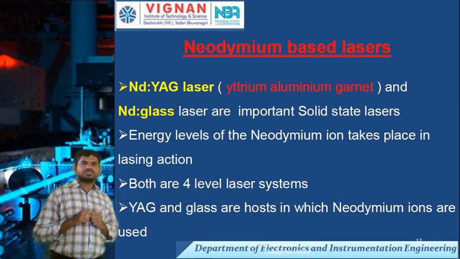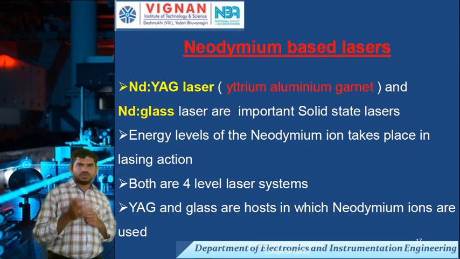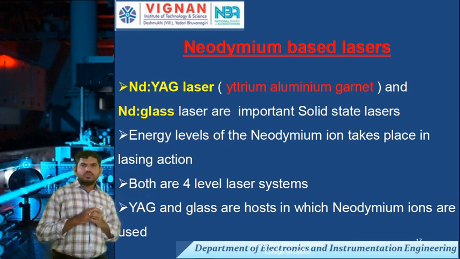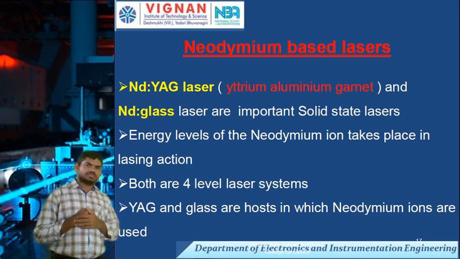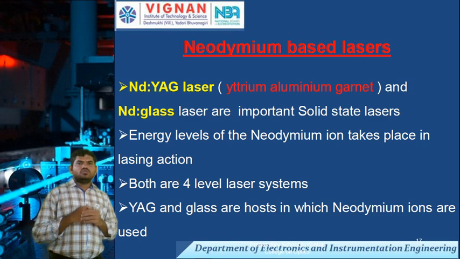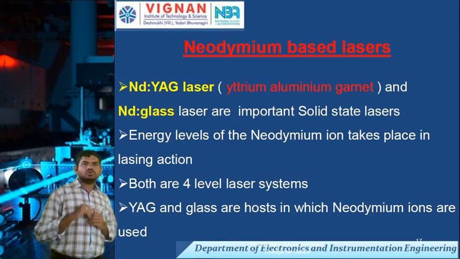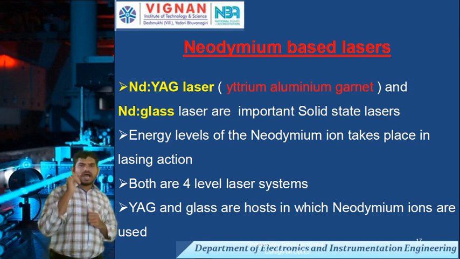ND means neodymium, and YAG means yttrium aluminum garnet laser. Yttrium aluminum garnet. This is the first type of neodymium based laser, and the second type is the neodymium glass laser. Now I am going to discuss neodymium YAG lasers.